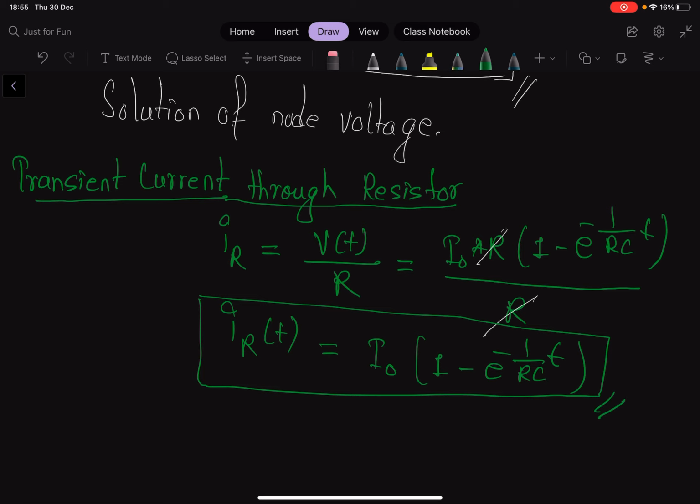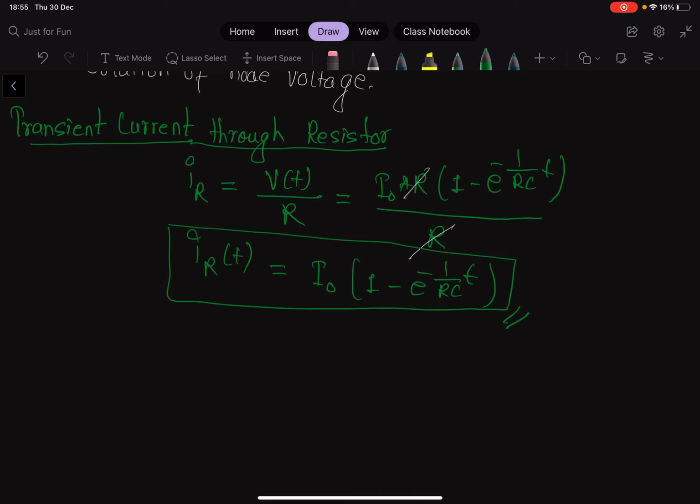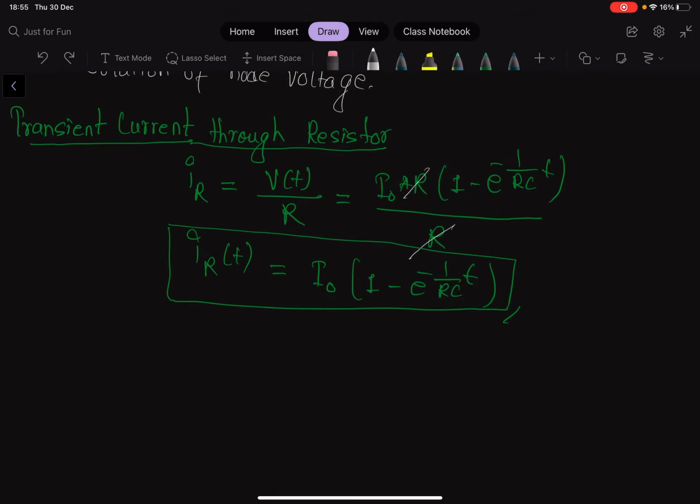Now last one, what about the transient current through the capacitor?